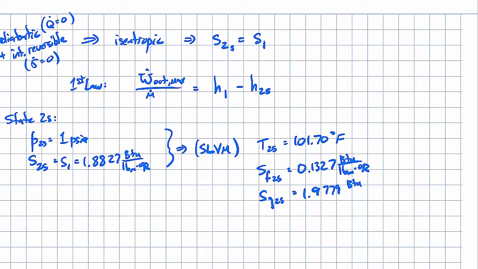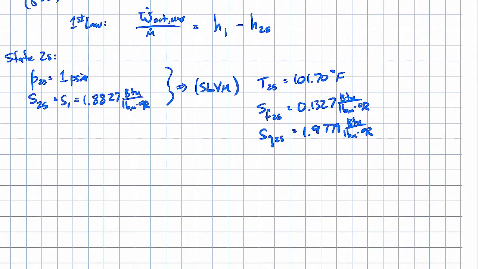You can see our specific entropy is somewhere in between, so we're going to have some quality. We can calculate the quality at this state, and when you plug in the numbers, the quality comes out to be about 94%, so it's 0.94841.